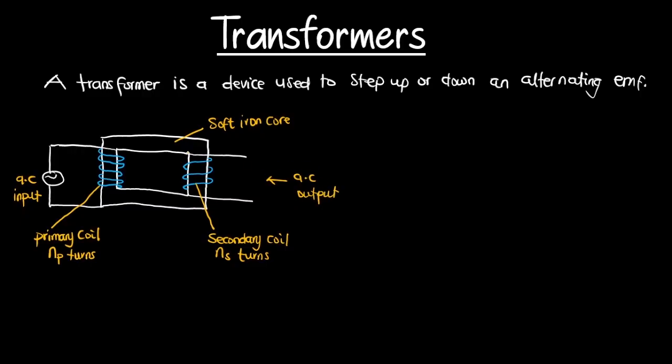The potential across the secondary coil is what we are calling the secondary EMF, or the secondary potential difference.